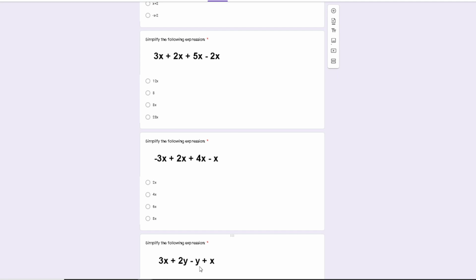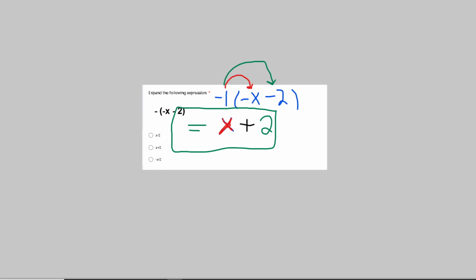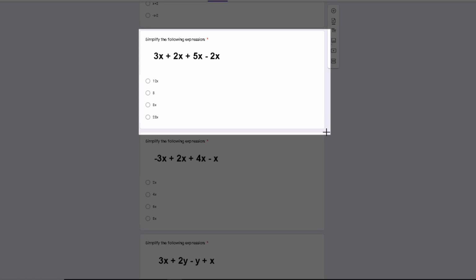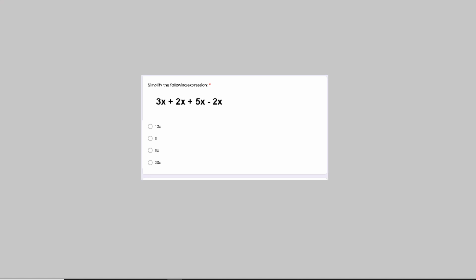Okay, so now we have a simplifying problem, combining like terms, another very important skill. So first off, you want to look at your expression and think about what terms do I even have? Well, we have 1, 2, 3, 4 terms, and they're all alike because they all have the same variable x in them.